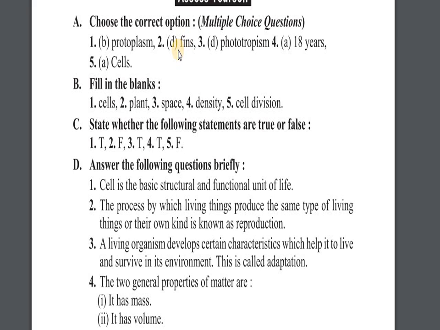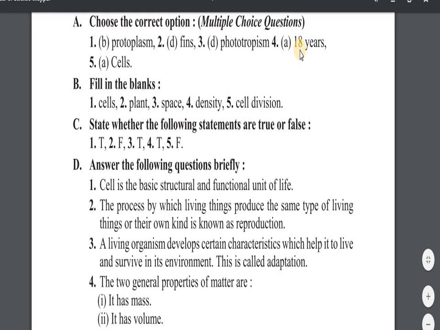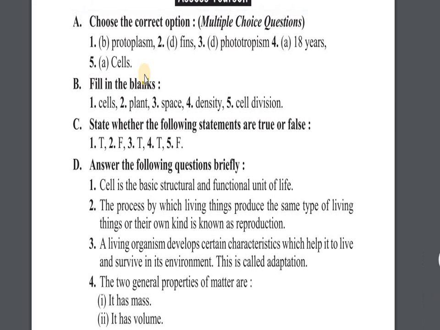Question third, an example of sensitivity in plants is, answer is phototropism. Fourth question, a human will grow from newborn baby to an adult in about, answer is 18 years. Fifth question, these are the basic building blocks of life, and the answer is cells.